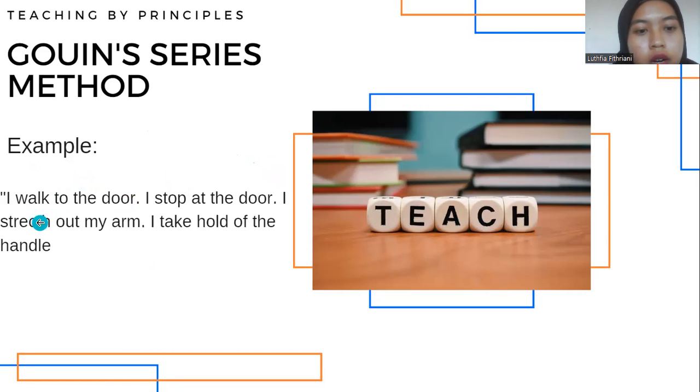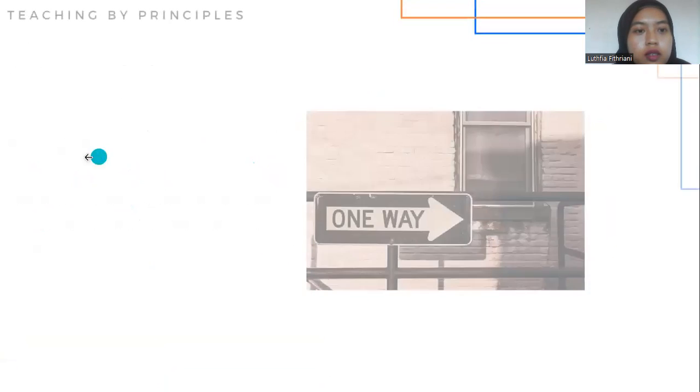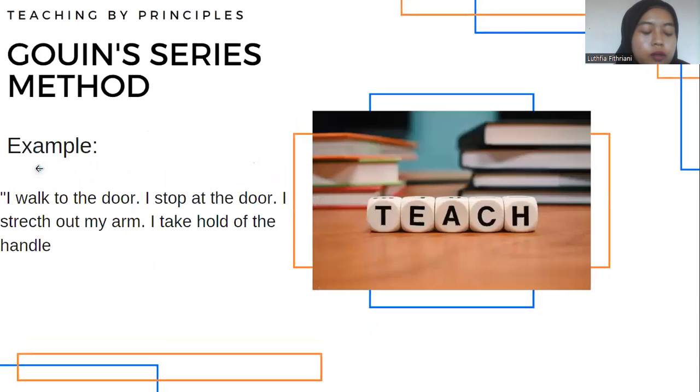I walk to the door, I stop at the door, I stretch out my arm, I take hold of the handle. So that is about the series method. The series method did not gain much attention since the emergence of the direct method.